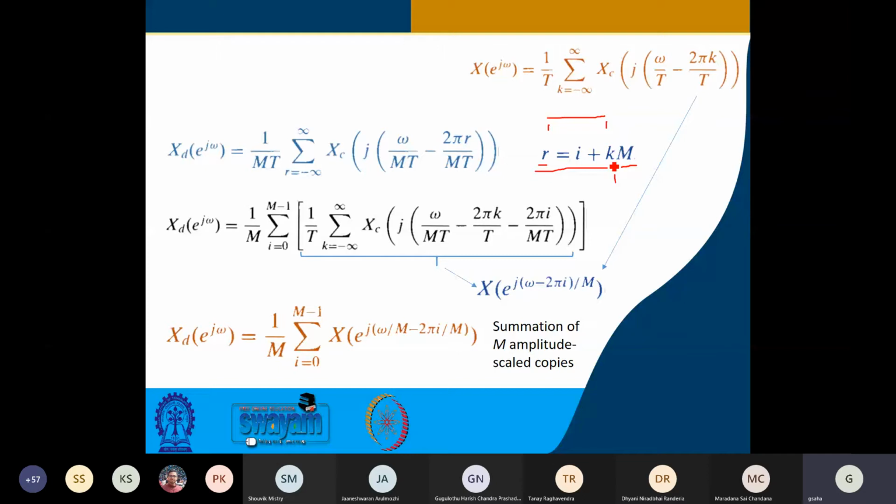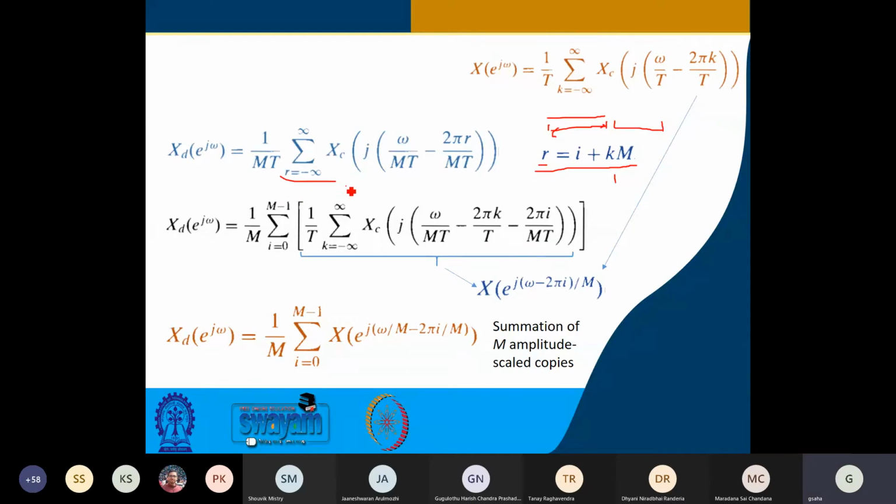If k is equal to 1 and i varies from 0 to M minus 1, that covers M to 2M minus 1, right? So that way, if k varies from minus infinity to plus infinity and i varies from 0 to M minus 1, we cover the entire range of r.